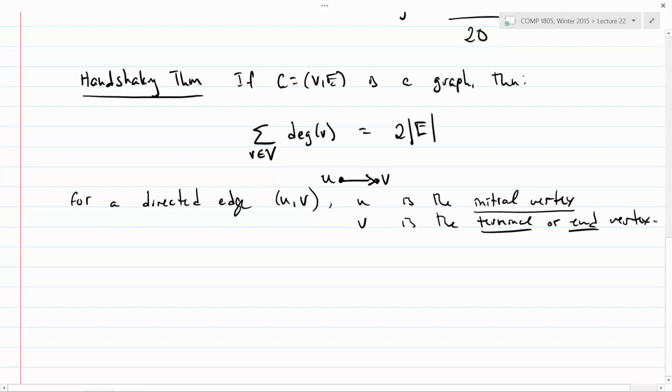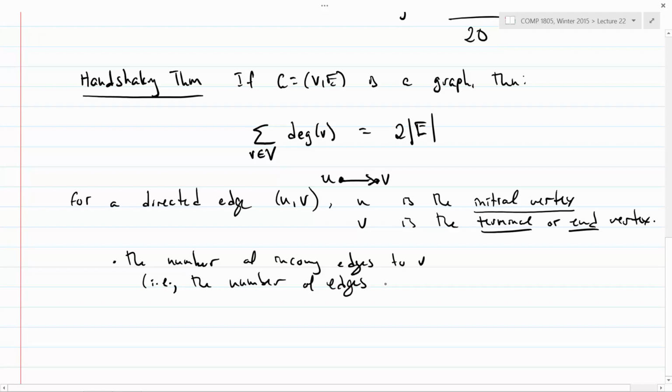Okay, and we have this notion of degrees in this case as well. So let me define those. The number of incoming edges to V, which is the number of edges where V is the terminal vertex.